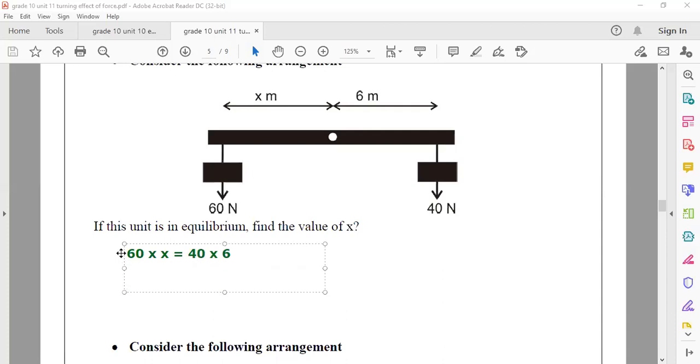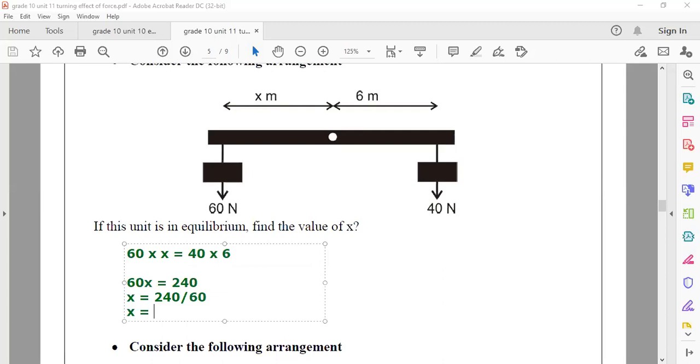The x containing part we put first for easiness. So 60x is equal to 240. x is equal to 240 divided by 60. x is equal to how many meters? 4 meters.